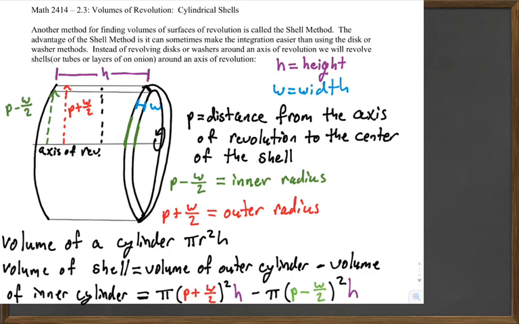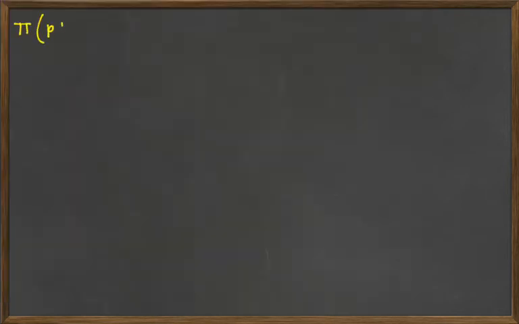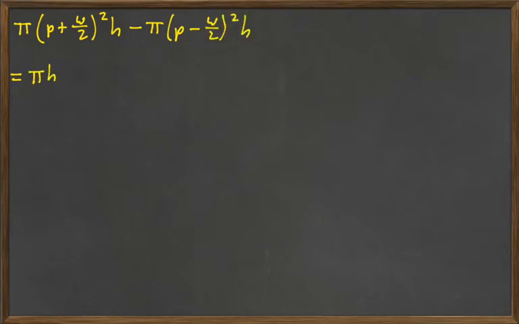We're going to expand this out so we have an idea of where the shell method formula comes from. Let's rewrite what we had before. We have both a pi and an h in common, so we'll factor those out. Then we FOIL out p plus w over 2.